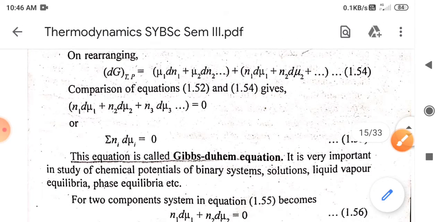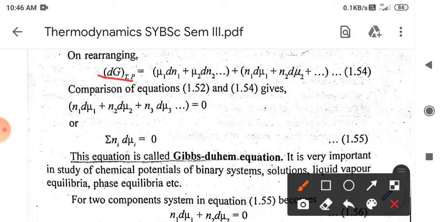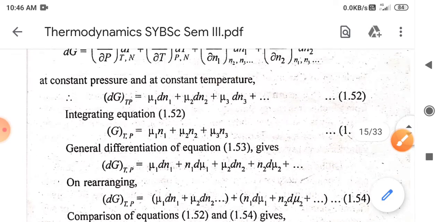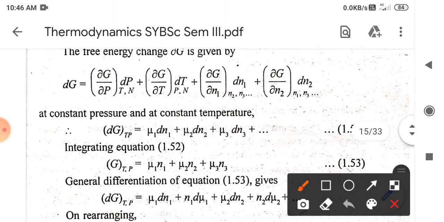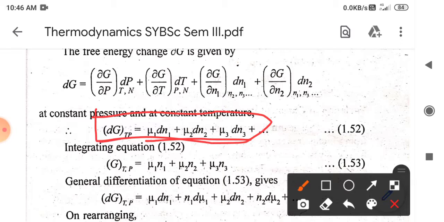Now we know that dG is equal to this plus this term. But this term is the same term we have seen in the earlier equation here. So this term is equal to dG again.